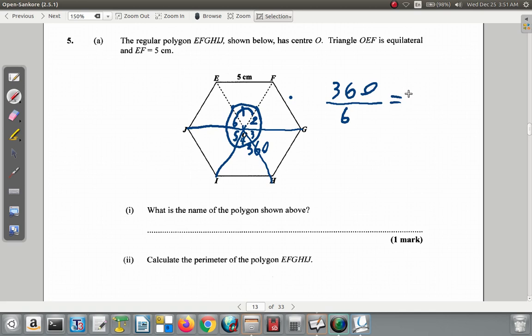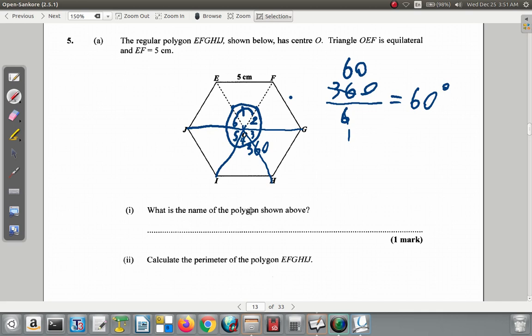In other words, 360 divided by 6 is 6 into 6, 1. How many 6s are there in 36? It is 6 of them. And of course you multiply by 10 at the 0 to make it 60 degrees.